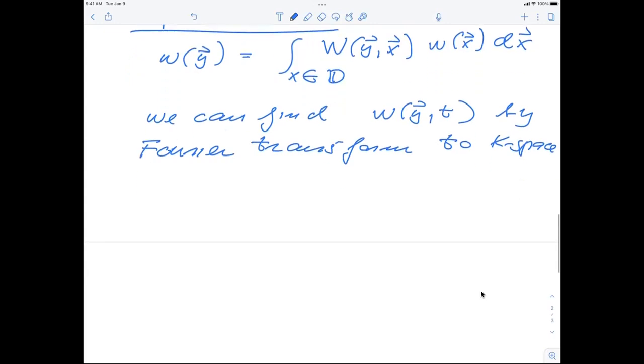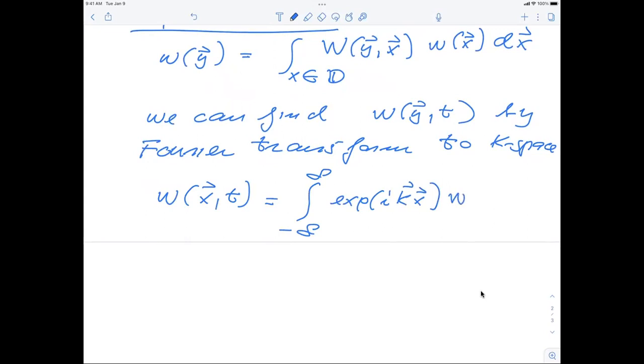So if we now look at a given probability, let's just look at x as a function of t here. If we now make a Fourier transform, we would have an integral from minus infinity to plus infinity. And Fourier transforms are actually extremely useful mathematical tools. So we would have an e to the i k x, multiplied with a probability which is defined in momentum space as a function of time.